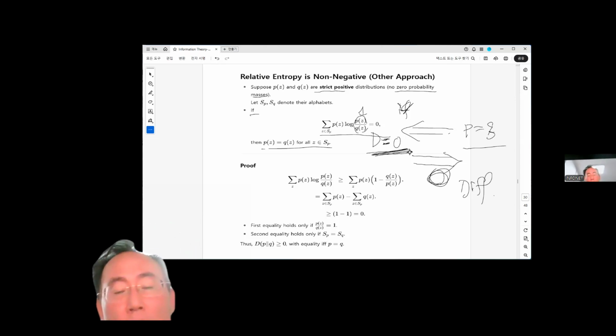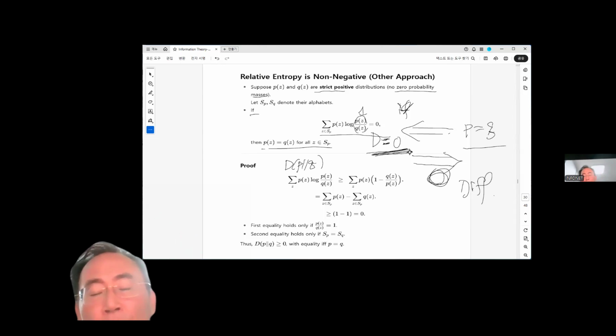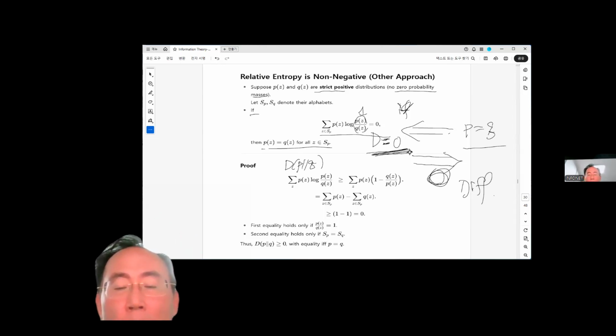For now, let's take a look, okay? Sum of P(z) log P(z) over Q(z). That's nothing but D(P||Q), right? And then I have an upper bound going this way, the sum of P(z) times 1 minus Q(z) over P(z). What am I doing here? Where is this inequality coming from?